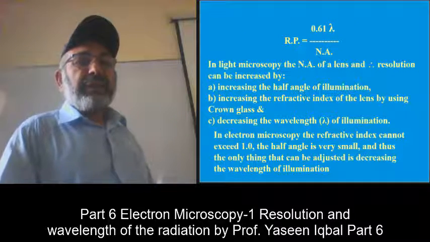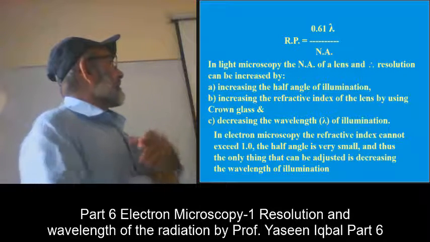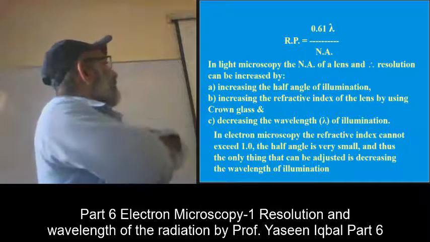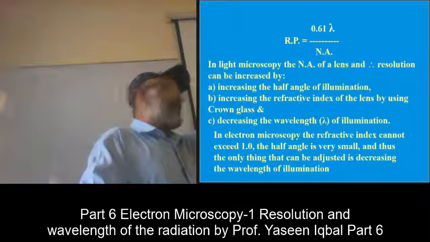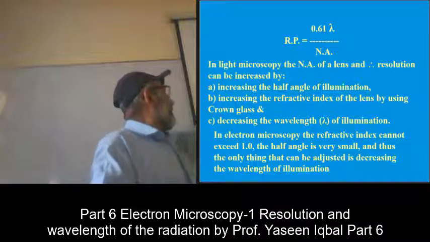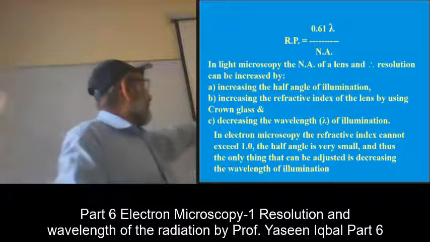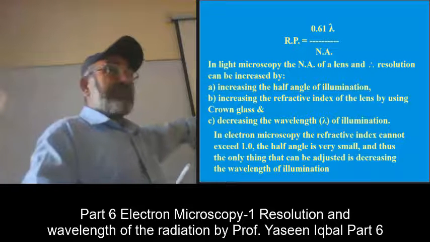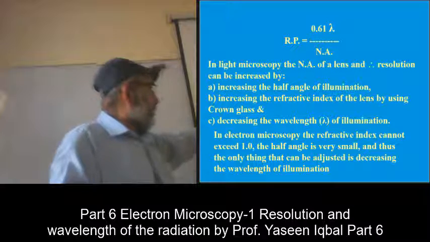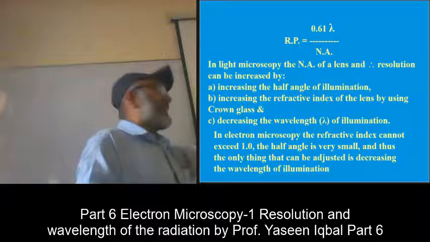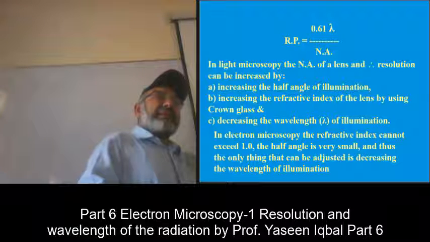Now, in light microscopy, the numerical aperture of a lens and therefore the resolution can be increased by, again I am repeating this, increasing the half angle of illumination, increasing the refractive index of the lens by using crown glass, and decreasing the wavelength of the illuminating radiation. In electron microscopy, the refractive index cannot exceed 1. Think over it, right?